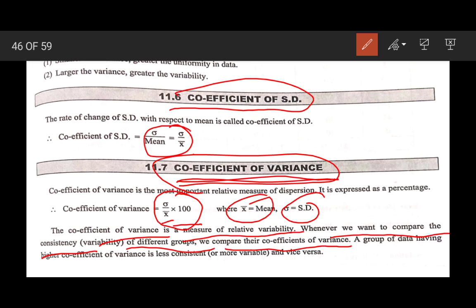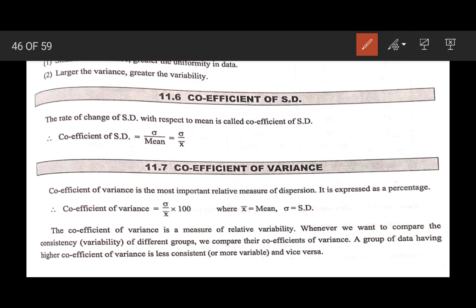On the basis of the coefficient of variance, we can define which set of data is more consistent or variable. A group of data having a higher coefficient of variance is less consistent, and vice versa. So it is a very important concept.